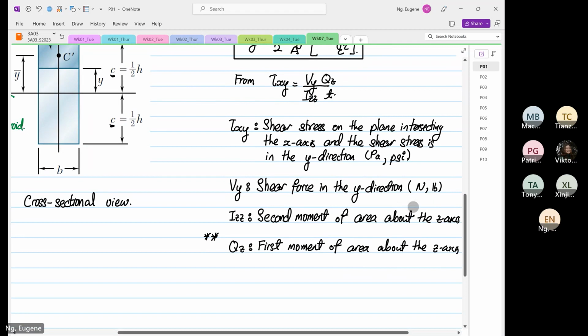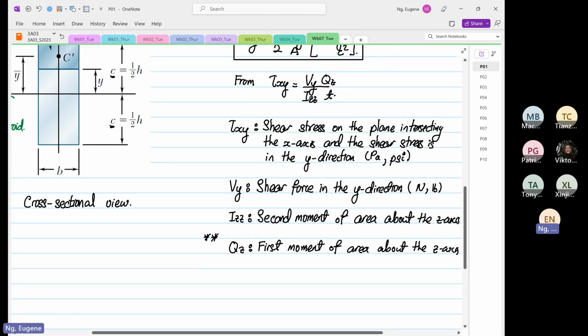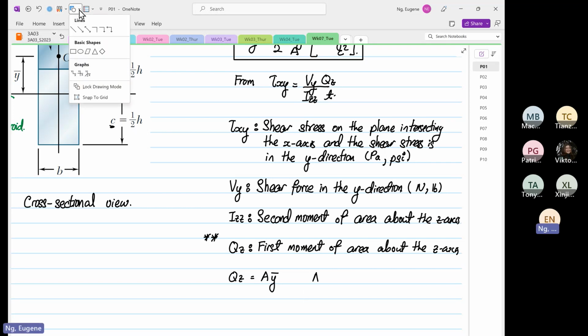The formula for Qz, since we are in the first, is equal to A y bar. I will put it in a box because it's a formula.